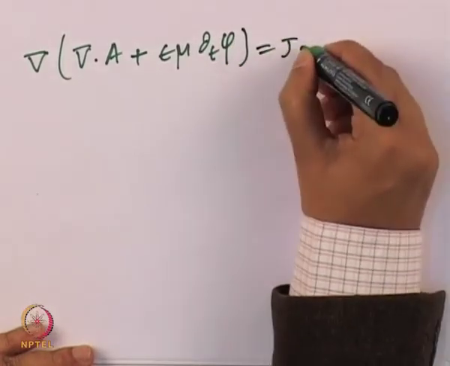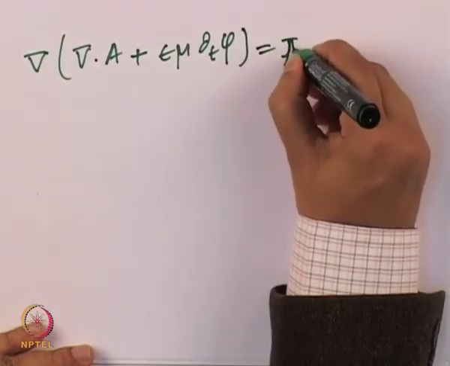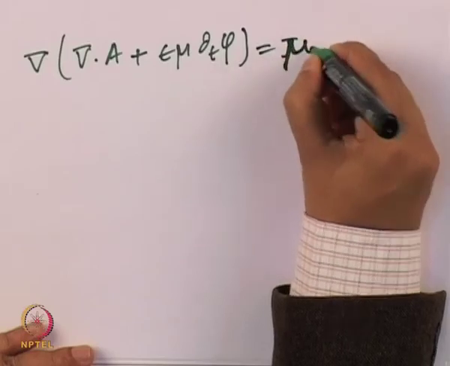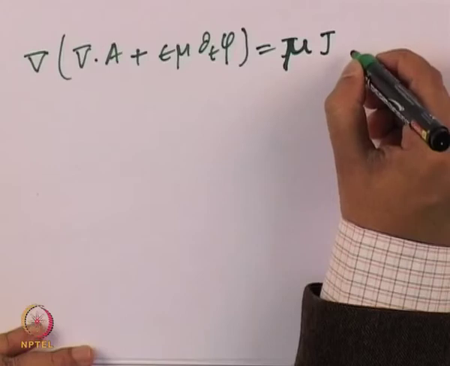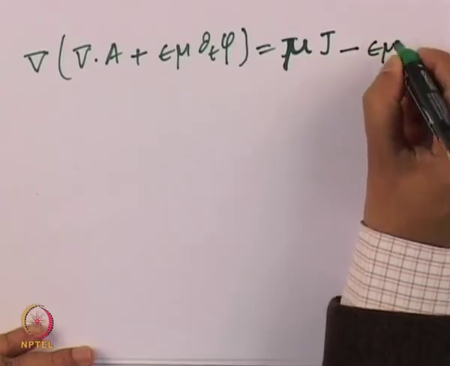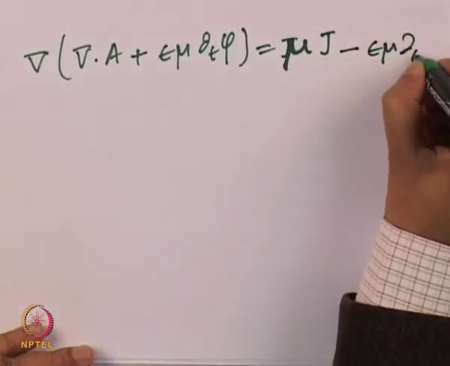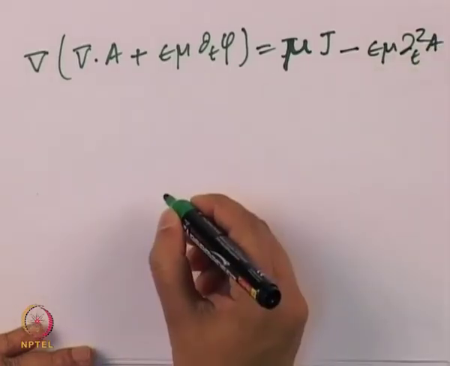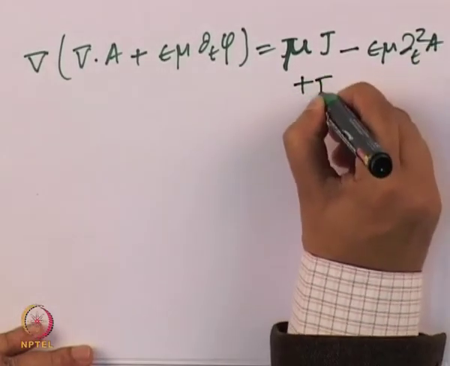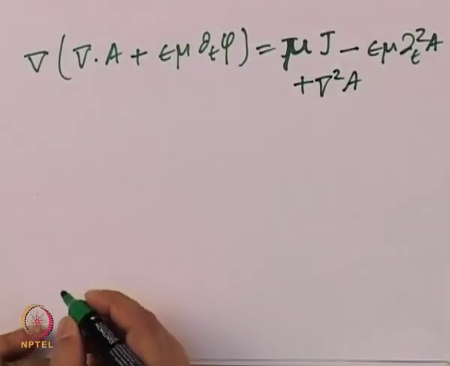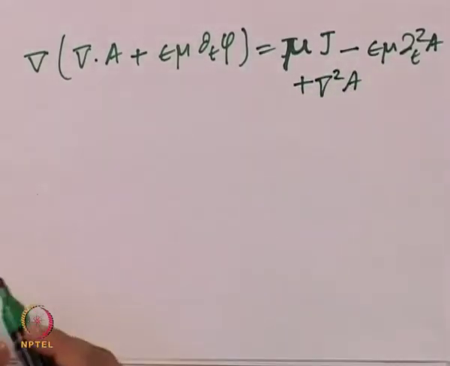and the right hand term, which is mu j minus epsilon mu d square t A, and then the Laplacian term from the right hand side, which is plus Laplacian of A. So what you see here is the condition that will lead us to the Lorentz gauge.